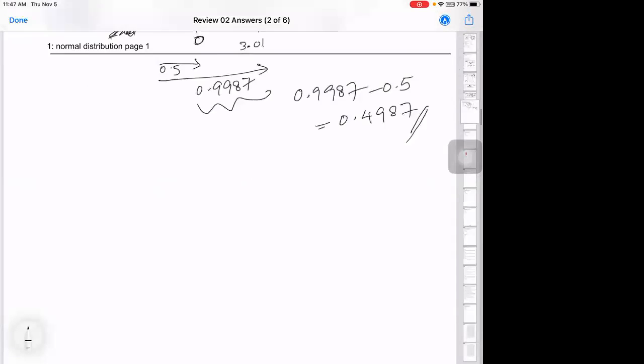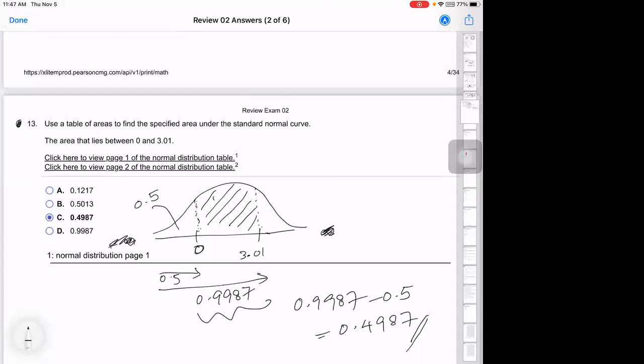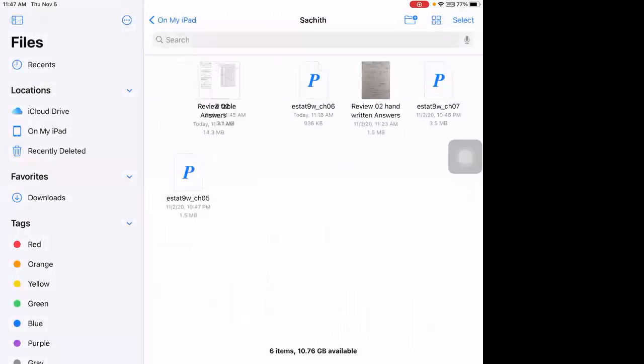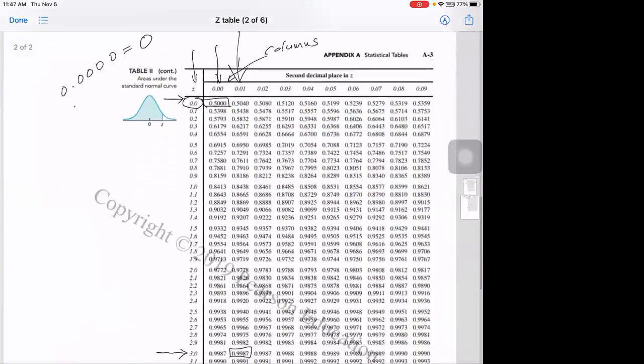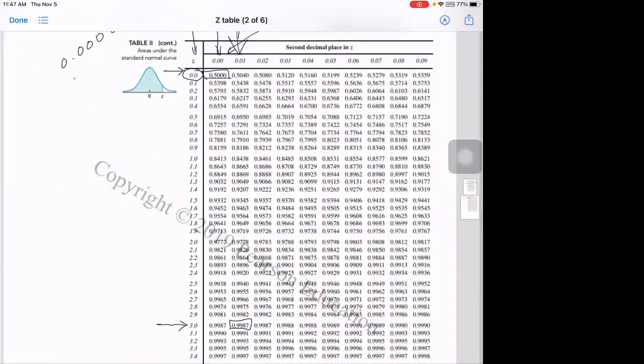Since it is easy, they haven't mentioned anything like this. If you need to find the area which belongs to, let's say, 2.0, which means everything from the left-hand side up to 2.0, you can move to the Z table. The Z value is 2.0, so the first digit is 2.